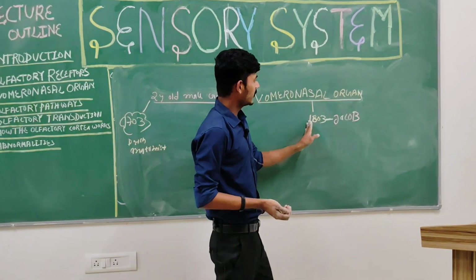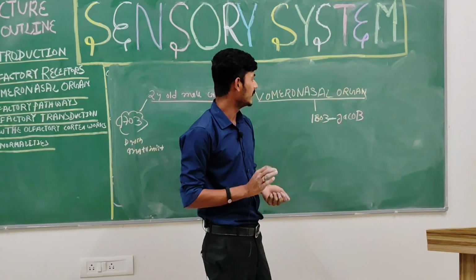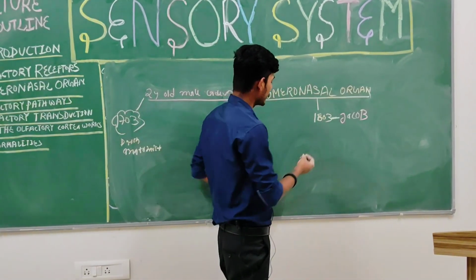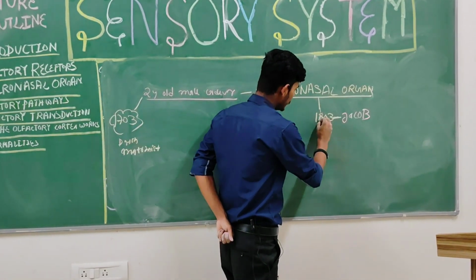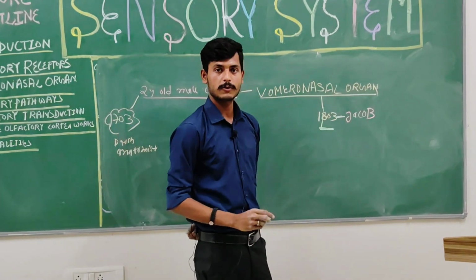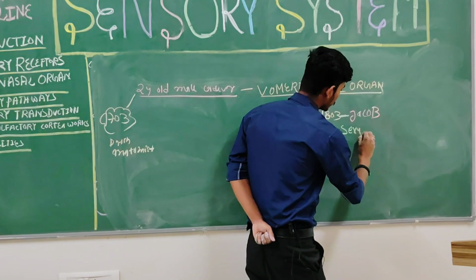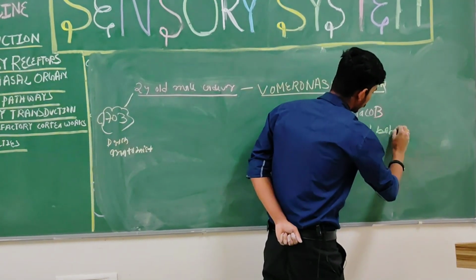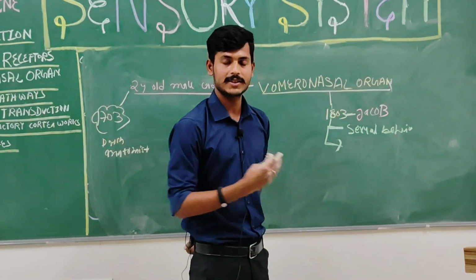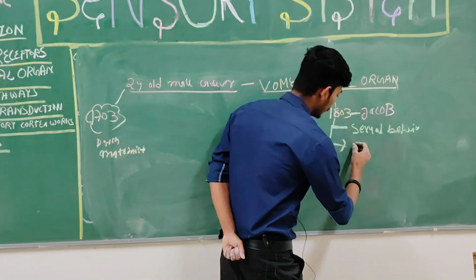What happened? He saw in the lower animals that there is a presence of this vomeronasal organ, and he gave one hypothesis, in his thesis he wrote that this organ is responsible for controlling sexual behavior, as well as helping in communication between closely related species.